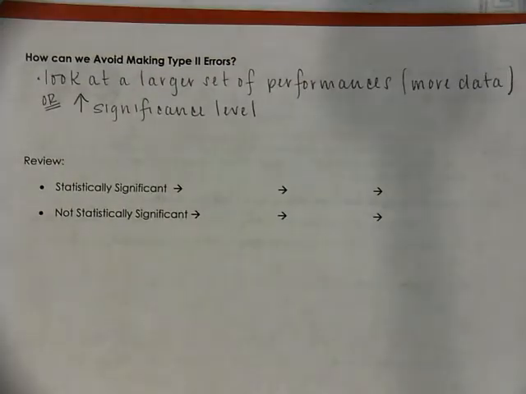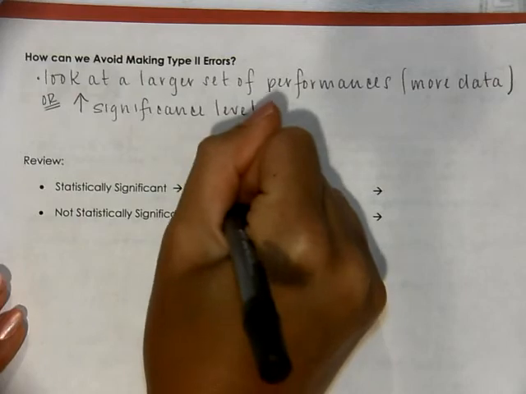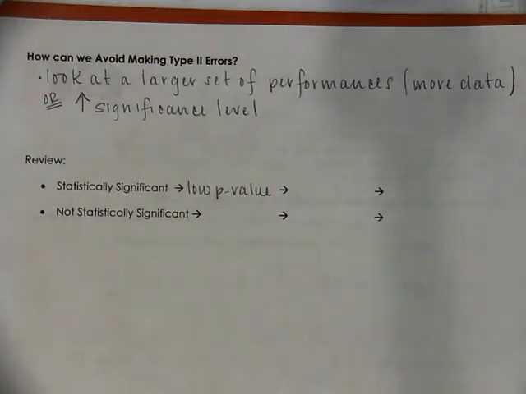So now, just to kind of put everything together in a little flow chart, statistically significant. That was the first thing we've talked about today. If results of a hypothesis test are statistically significant, then we have a low p-value because we're saying, you know what? It's unlikely to happen by random chance.